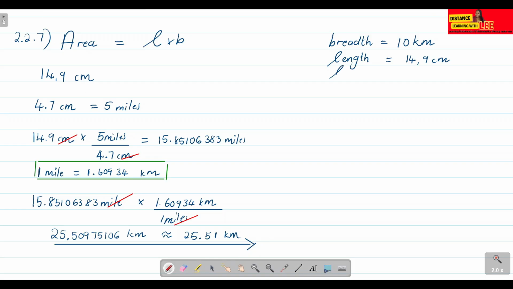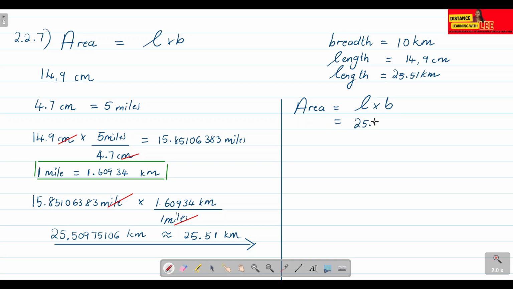So the length now is equal to 25.51 kilometers. So now we can go on and calculate the area of St. Helena. The area is equal to length multiplied by your breadth. What is your length? We found that our length was 25.51 kilometers. Multiply, what is your breadth?